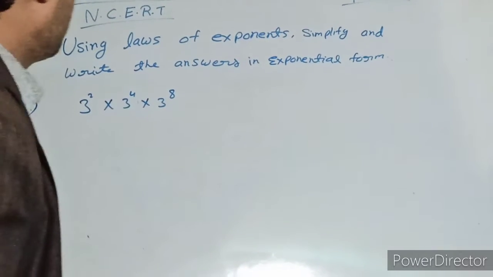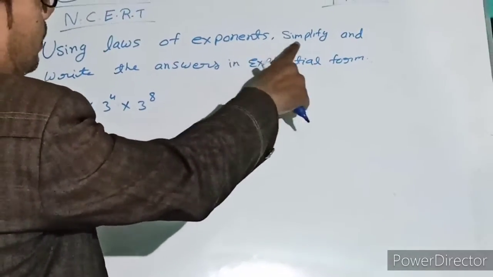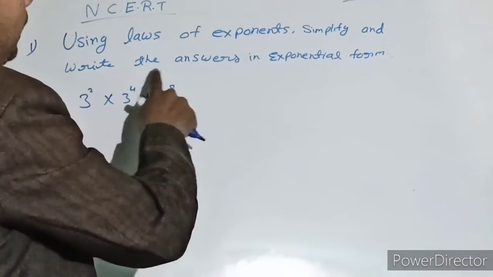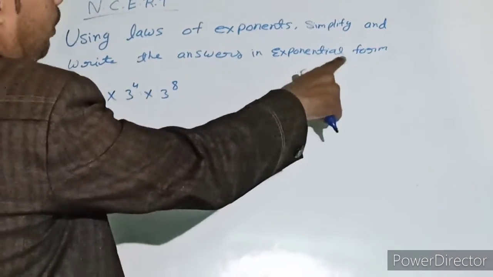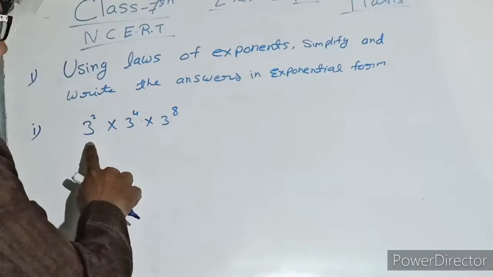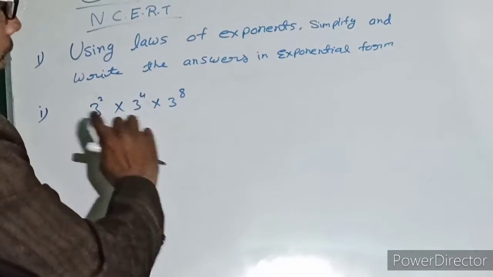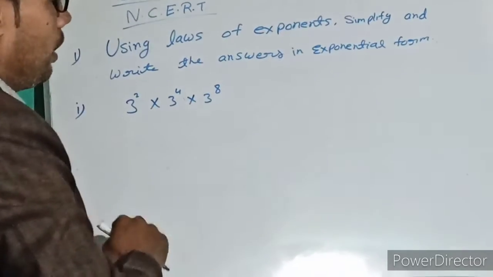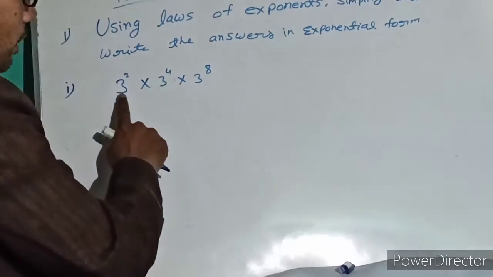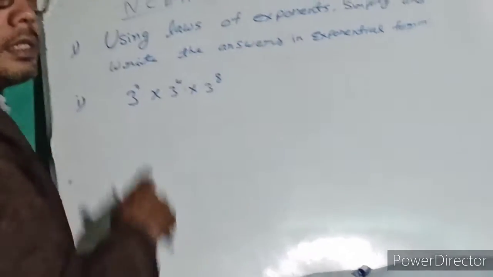So here is question number 1. Using laws of exponents, simplify and write the answers in exponential form. In this question we have been given 3 raised to the power 2, 3 raised to the power 4 and 3 raised to the power 8. We can see all the numbers are same, means the base is same.